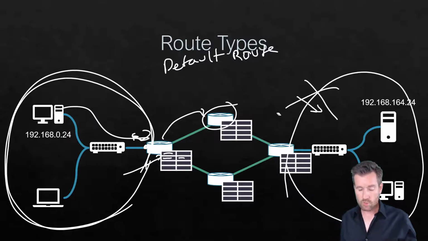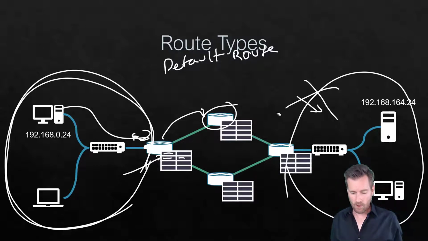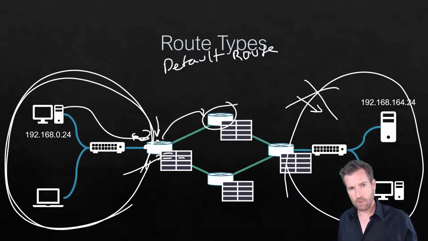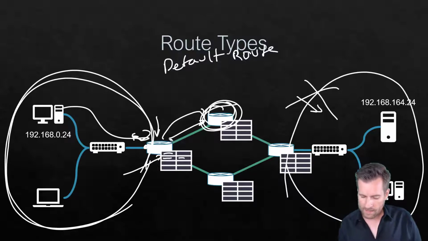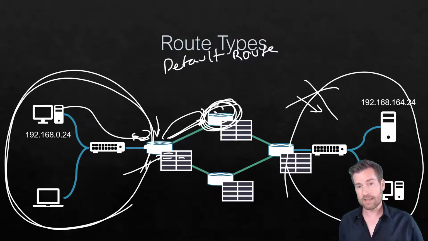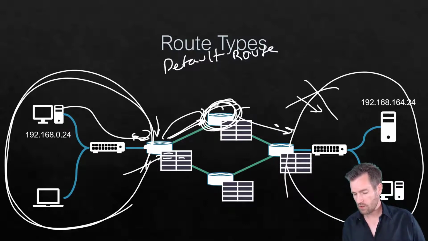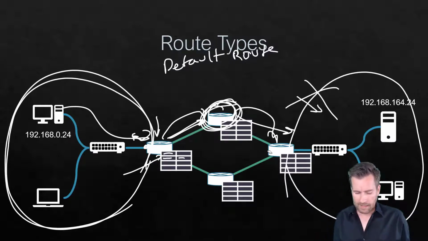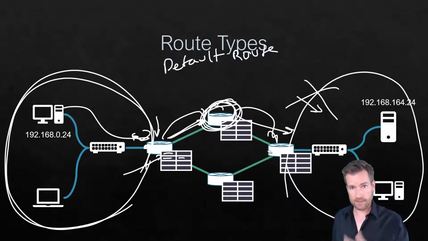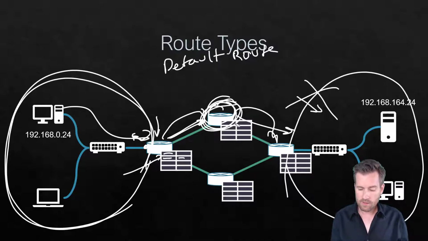What we can do is set up a default route on this router that says, if you don't know where that network is, then send it to this next hop. And then when it sends it to this next hop, hopefully this router knows of that network and knows to send it to its next hop. So that's a default route. A default route is: if you can't find any other network within your routing table that's associated with a destination IP address, then send it to this next hop.